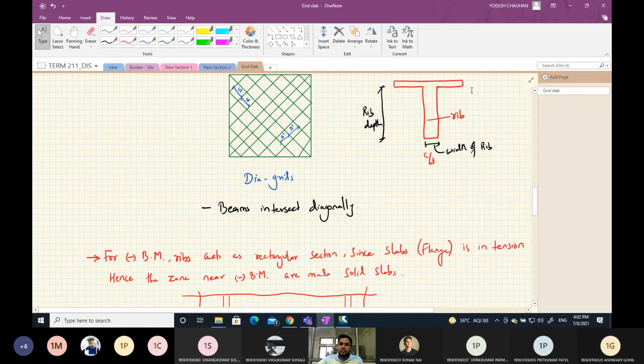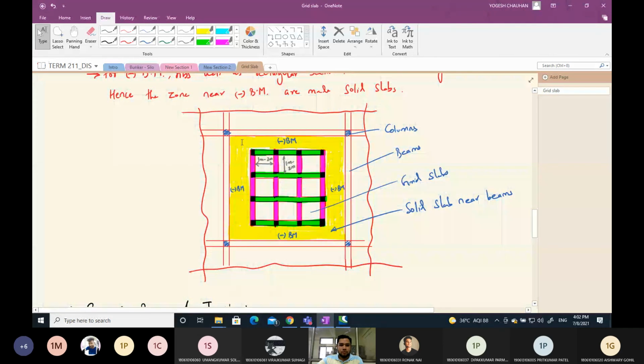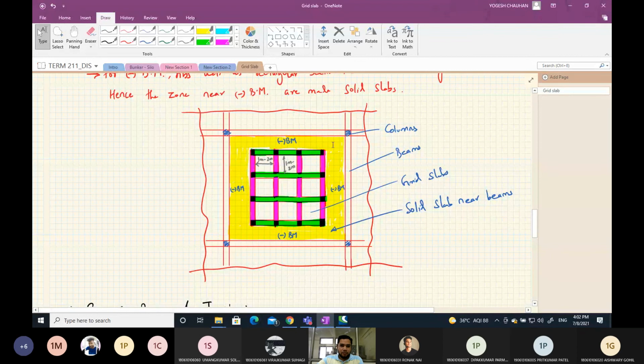There the top slab is in tension, so the section is rectangular near the negative bending moment zone. Sometimes where there is negative bending moment, a solid slab may be provided if the negative bending moment is too much to be resisted by the rectangular section of the rib.